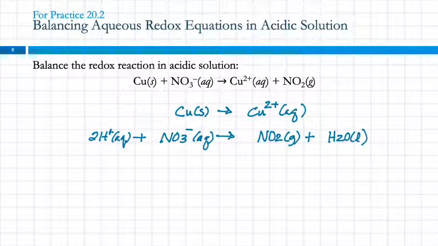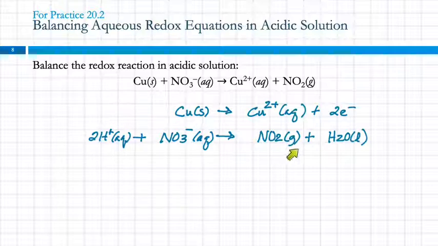And now we balance charges. So the first one, I've got 0 on the left and +2 on the right. So if I add 2 electrons on the right, then I'll have +2 and -2. This adds up to 0, and that's 0.